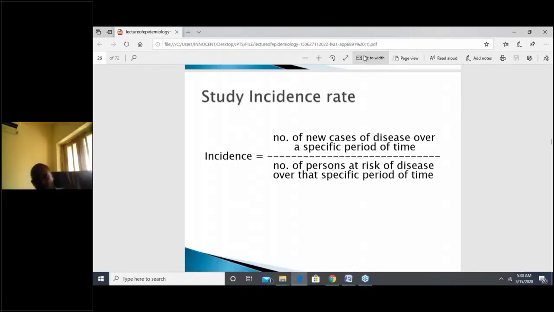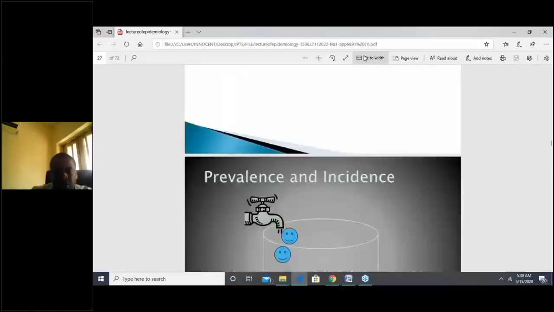Incidence is the number of new cases over a period of time over those that are at risk. So let's say 2 persons are having it out of 100 at risk, you look at that 2 over 100, and you can say the incidence rate is 2%.